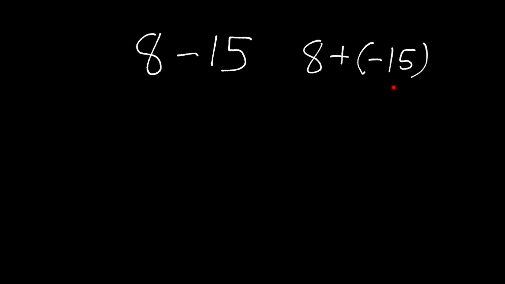Since I have this over here, they have different signs. 8 is positive, 15 is negative, but we're going to ignore those, and which one is bigger, 8 or 15? 15 is bigger. So I'm going to do 15 minus 8, which gives me 7. And since the negative number was bigger, the 7 becomes negative. And there you have it.